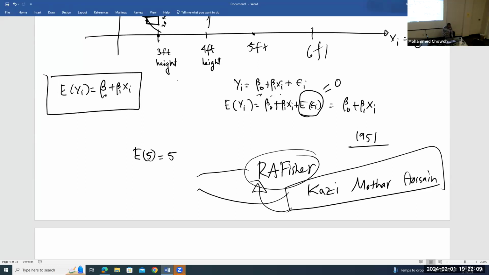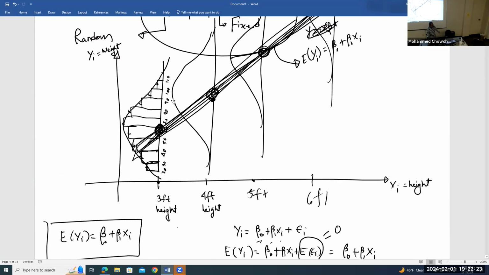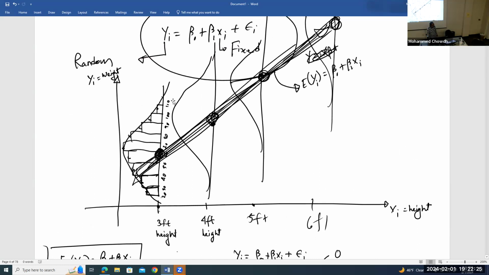So your classmate asked why I did not take expectations over there. Because beta 0, beta 1 and xi are fixed. So I do not need to take any expectation over there. So you understand, this is a fixed model and how the normality assumption is applied.